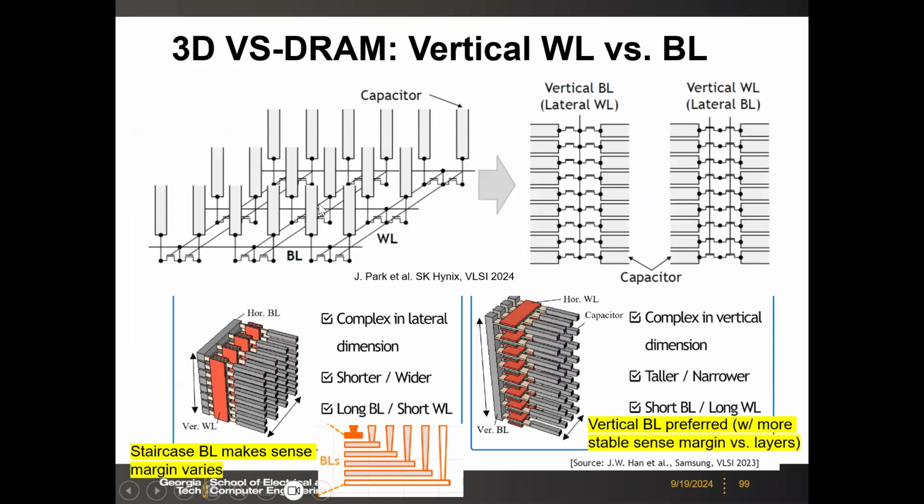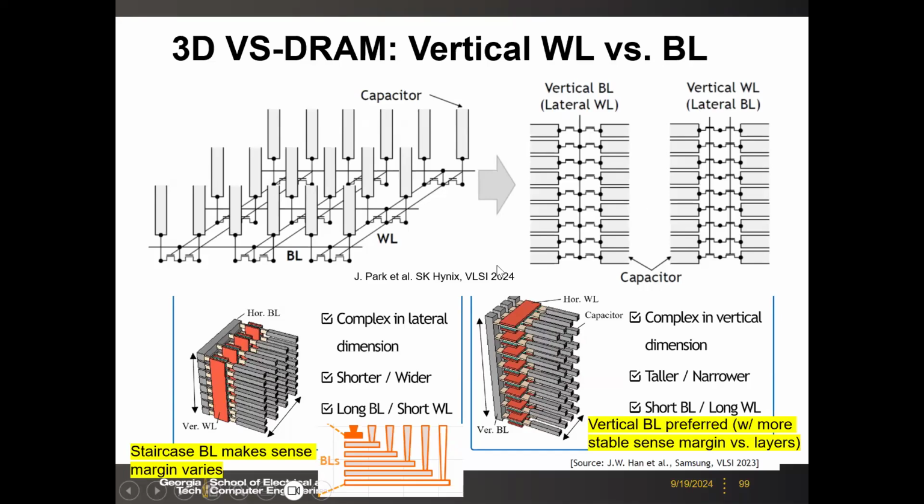So here, from the circuit schematic point of view, this is the conventional 1T1C array. And then we want to change to this way, okay? So horizontal 1T1C, but we do have two kinds of orientation. One is called vertical bitline, one is called vertical word line.